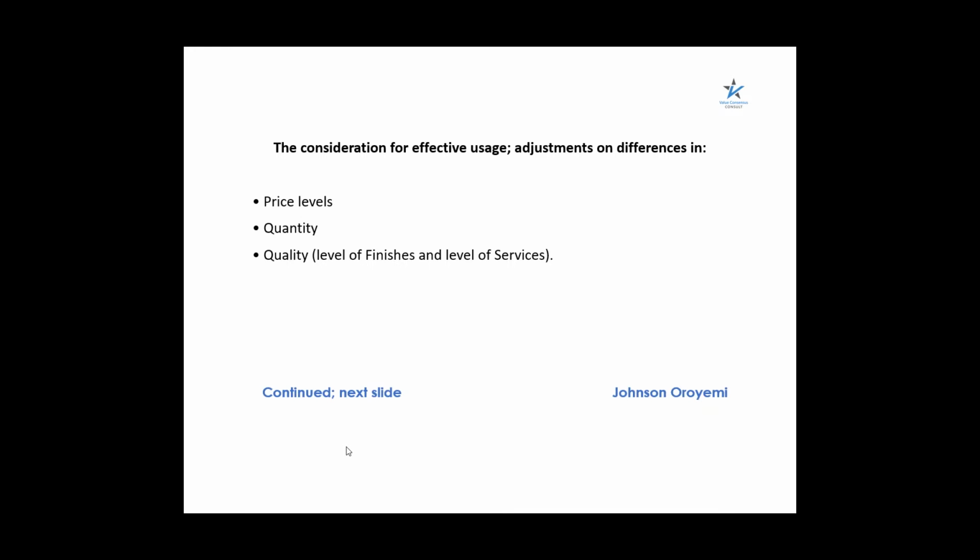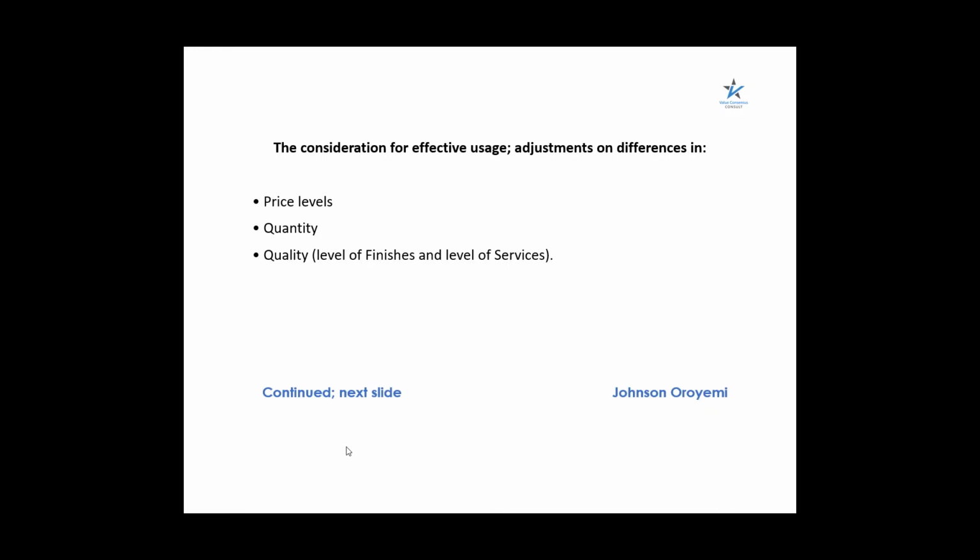The previous project's tender analysis was done at a particular time in the past, and even the project itself was completed at a particular point in time in the past. But here we are carrying out cost planning for a new project. So there's a need for adjustments for difference in price level, because, taking for instance the cost of materials for a construction project, when the previous project was carried out, it might have changed.